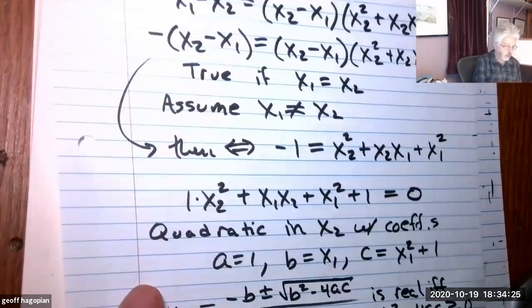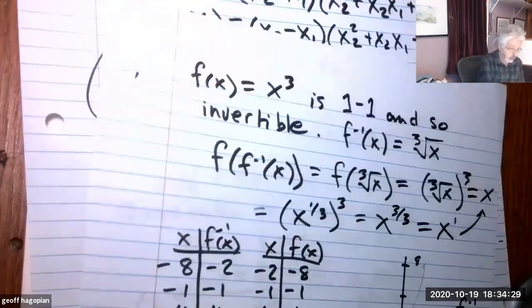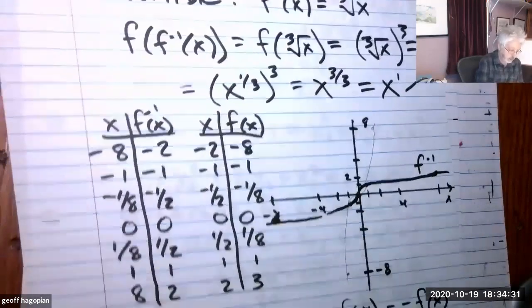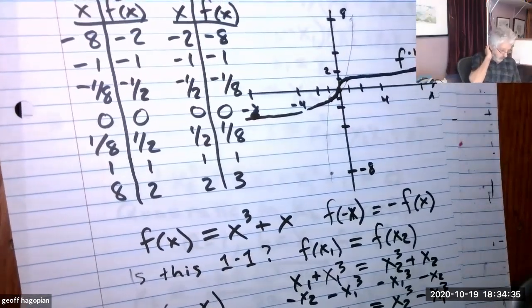Okay, so we've seen two examples. We saw x cubed, that's an odd function. X cubed plus x is an odd function. So you might generalize at this stage and say, look, all odd functions are 1 to 1. And I would disprove that with a counterexample.